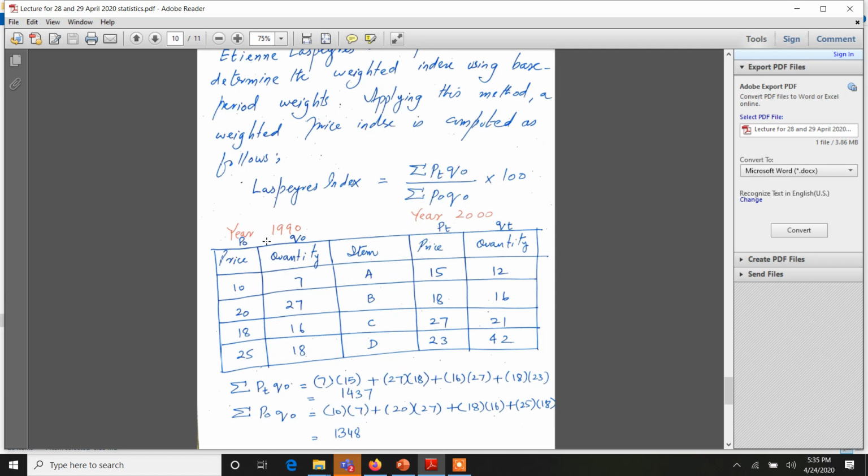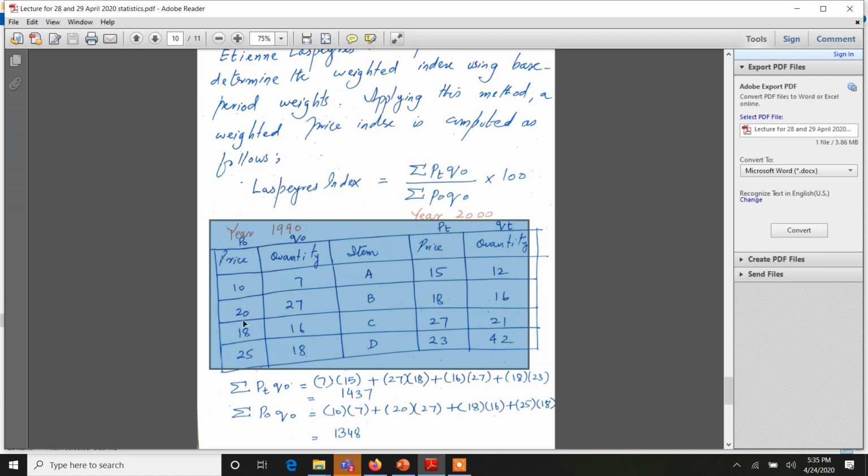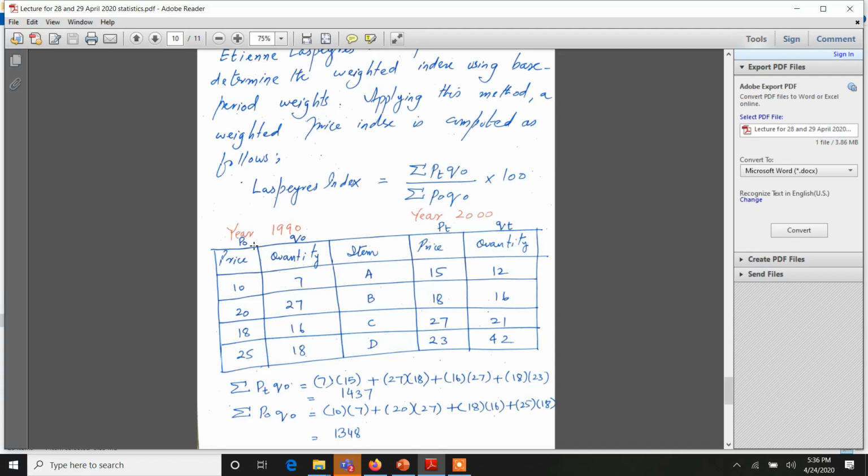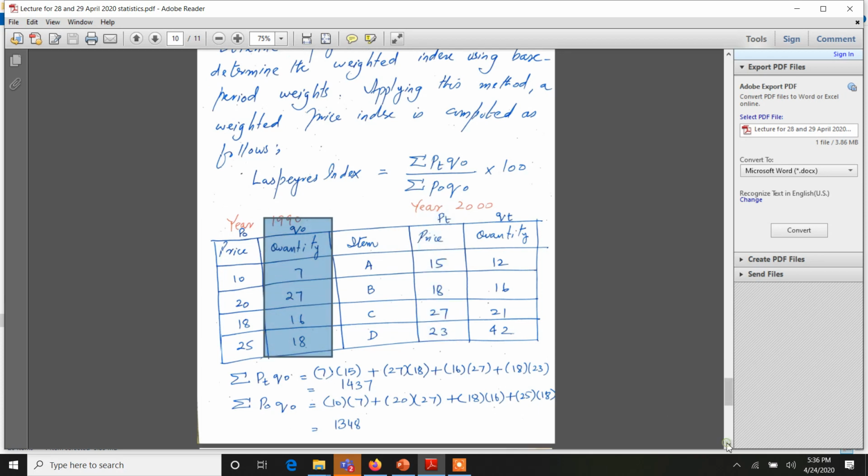If we have data for four different commodities, their prices and the quantity consumed are given for 1990 and for 2000. For the base year, we call price P0 and quantity Q0. For the next year, we call price Pt and quantity Qt. By simply using this formula, Pt Q0 means this column Pt multiplied by this column Q0. So these calculations are shown here.